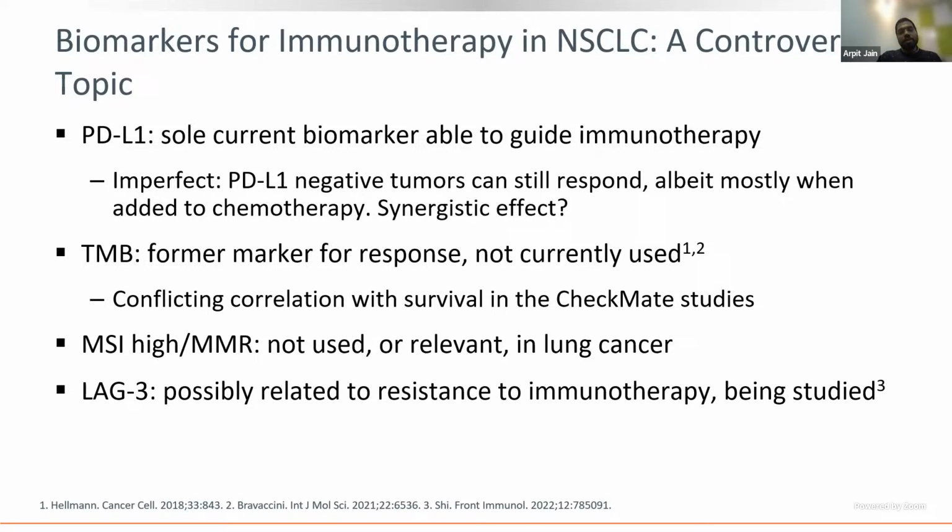Likewise, other biomarkers like MSI high and TMB are also being validated in other malignancies, not particularly in the NSCLC subgroups. And the last one is LAG3, which could possibly be related to resistance to immunotherapy. Next.